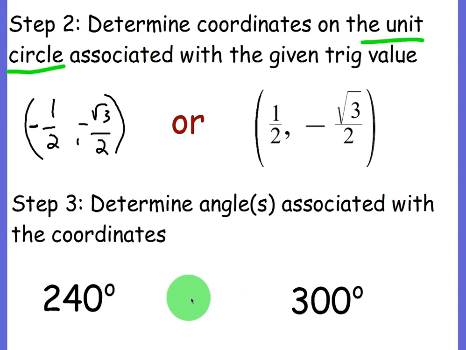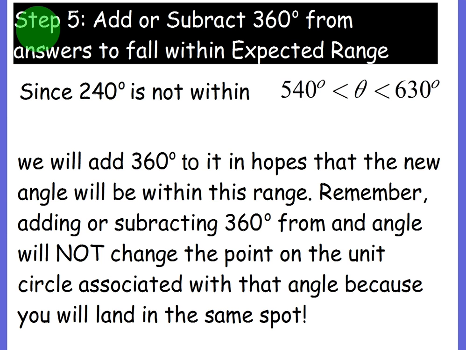Let's see if we can do that. We will add 360 to it in hopes that the new angle will be within this range. So if you add 360 to 240, does it fall within this range? And again, the reason we can add 360 is because when you rotate 360 degrees counterclockwise, you end up at the same point that you started with.